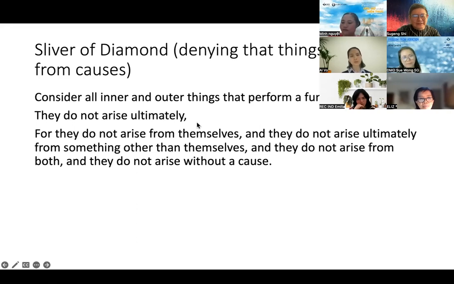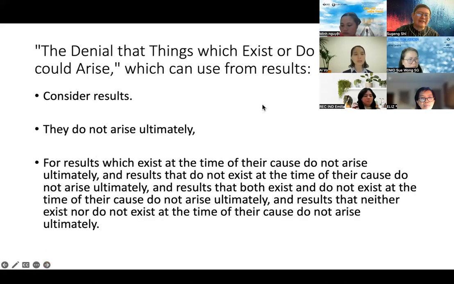You see, the first is from themselves, and then not from something other than themselves, and then from both, and from neither one. All right. So sliver of diamond, we are focusing on the cause using the four possibilities.